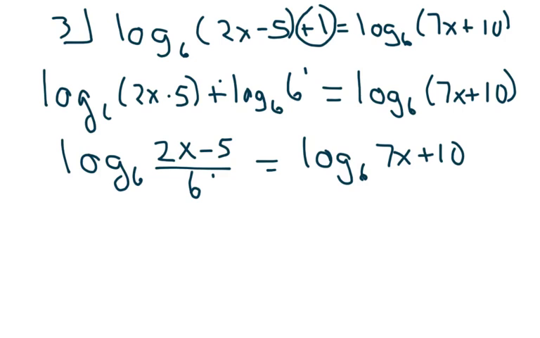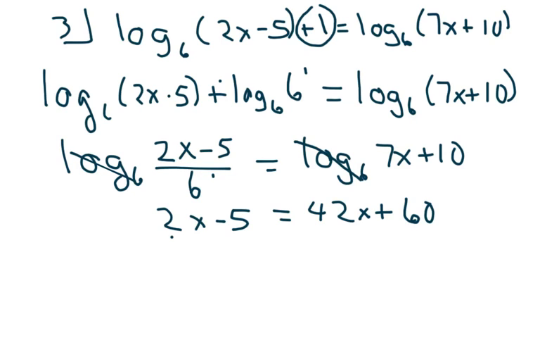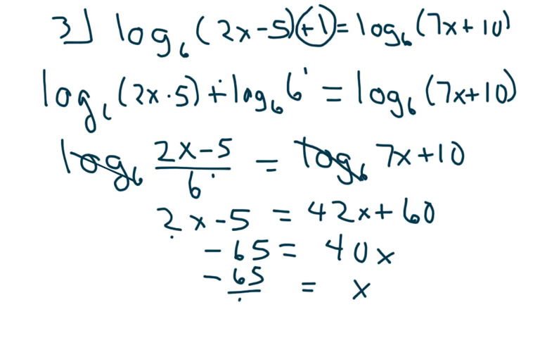Now I can cross this out and cross multiply, you get 12x minus 30 equals 7x plus 10. So I'm going to subtract the 7x, I get 5x equals 40.